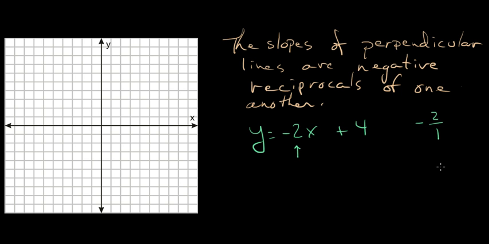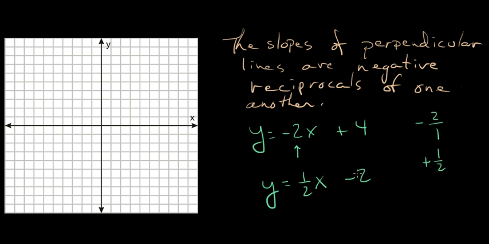So negative reciprocal would be plus 1 half. Reciprocal means I turn this fraction upside down. So this line equals 1/2 x, and I can make it +4 or -2. It doesn't matter because anywhere I go on here, the line is going to be perpendicular to this line.